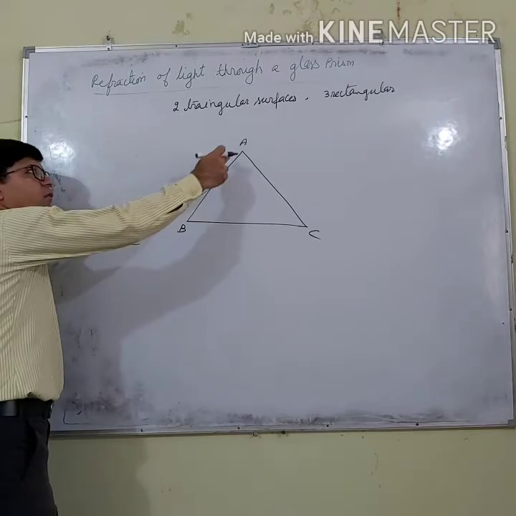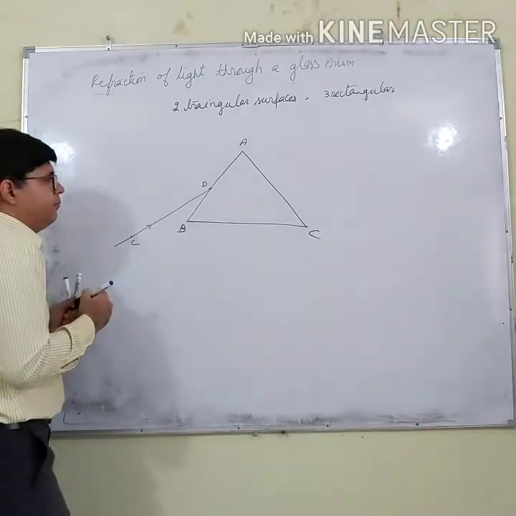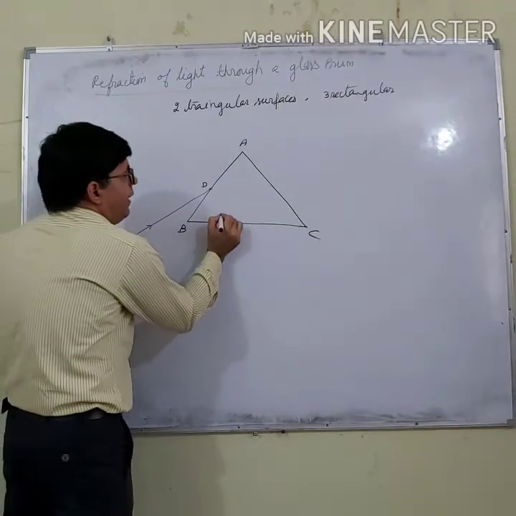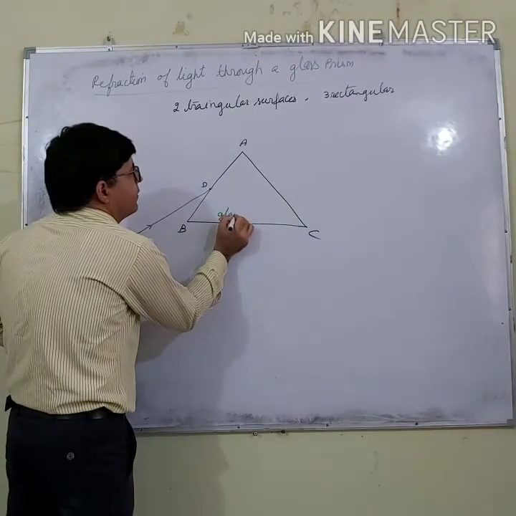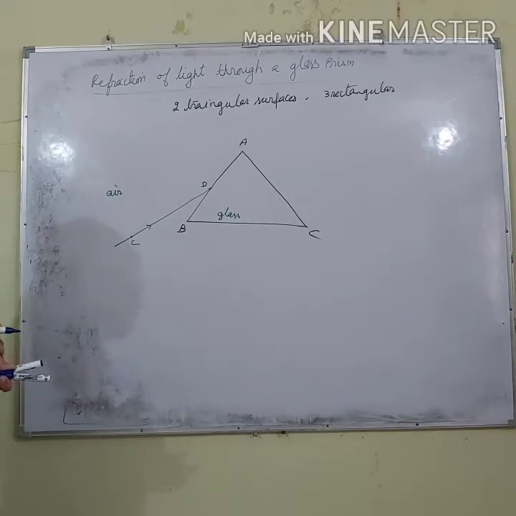Because this ray is falling on the surface AB, right? So what will happen to this ray? I have to draw a normal. Here is air outside, and inside it is glass. Air is a rarer medium and the glass is a denser medium.